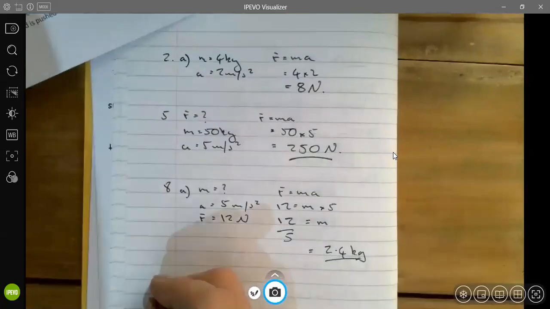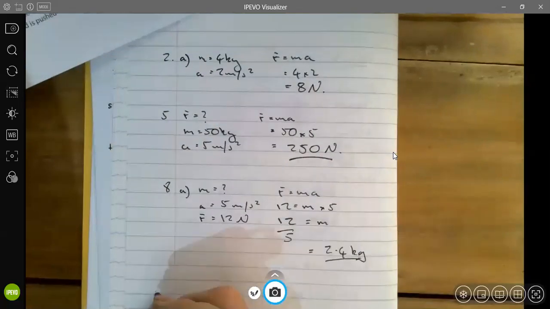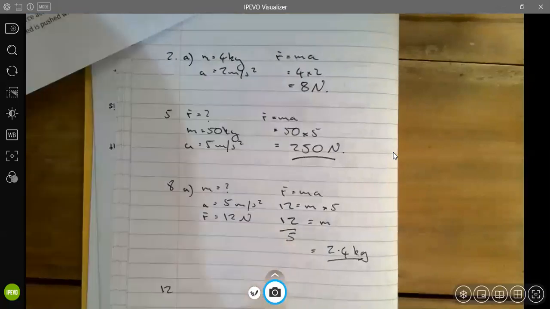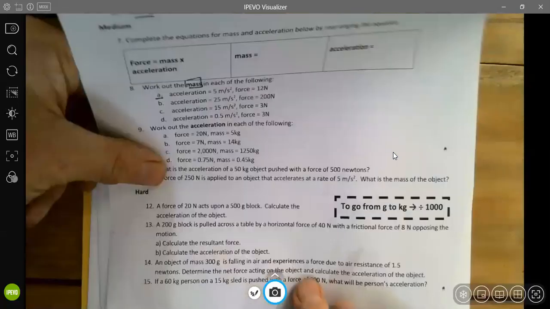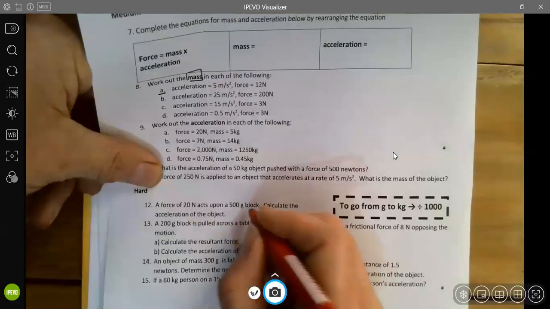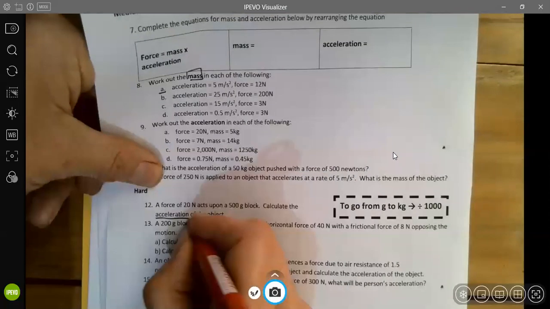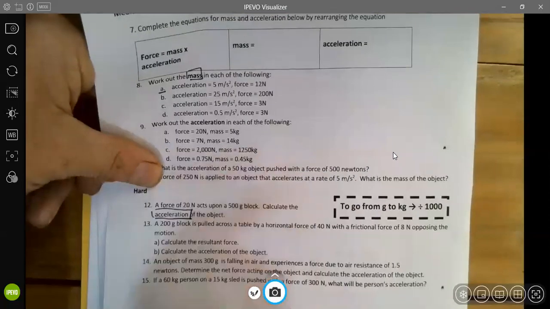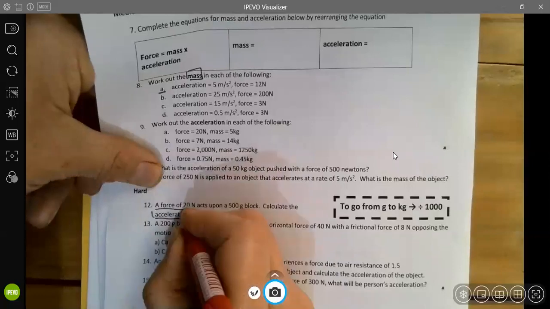Okay, with a hard one, let's just do number 12. A force of 20 newtons acts on a 500 gram block. Calculate the acceleration. So we are calculating the acceleration. We're given 20 newtons and 500 grams.